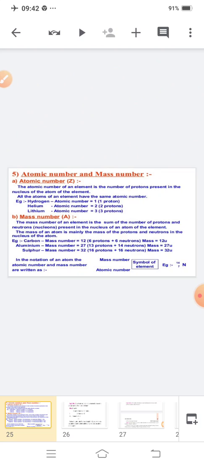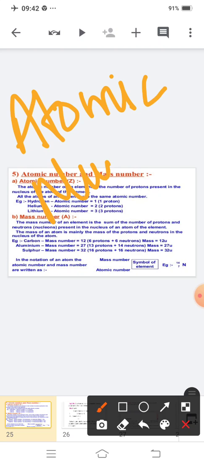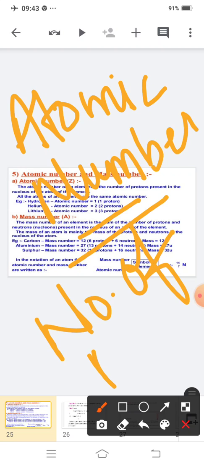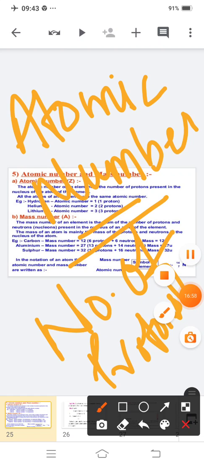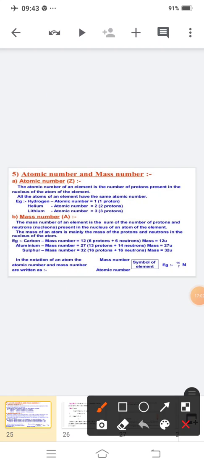So your atomic number is equal to your number of protons. Is this clear? For example, carbon, 6.